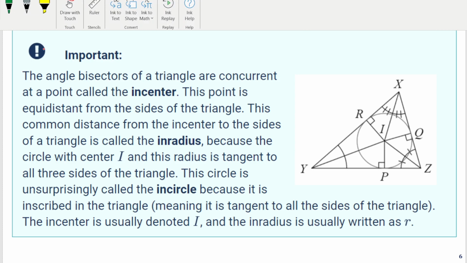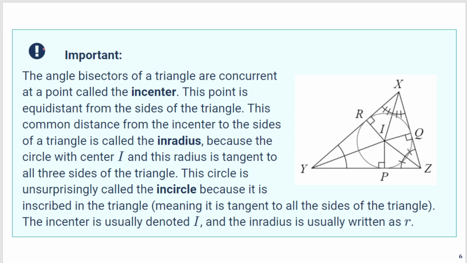Because the circle with center I and this radius is tangent to all three sides of a triangle, this circle is unsurprisingly called the incircle, because it's inscribed in the triangle, meaning it's tangent to all three sides of the triangle. The incenter is usually denoted by the letter I, and the inradius is usually written as r.